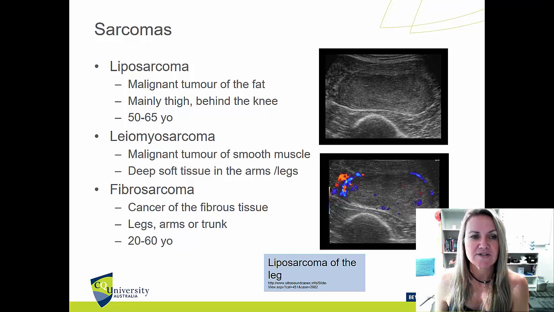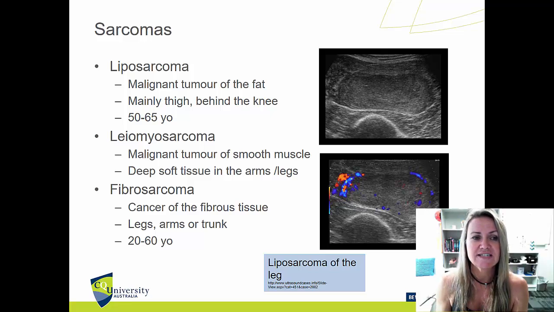So with the liposarcoma, it is a tumour in the fat, so you do need to be aware that not every lesion within the fatty tissue is going to be benign. So it's mainly in the thigh that you'll have, so a lot of quite sinister things are in the legs, and a lot of the mets that you would have seen from the melanomas often appear in the legs as well.